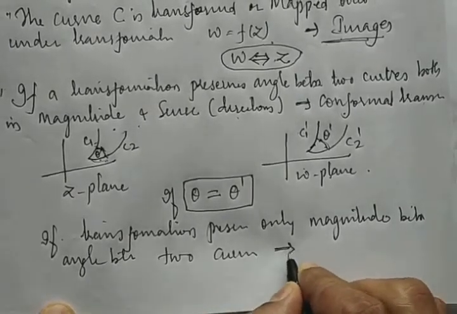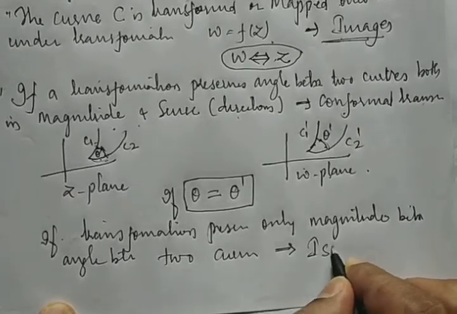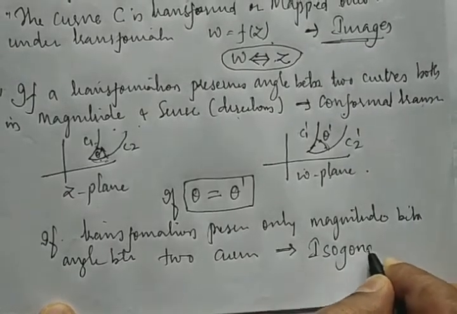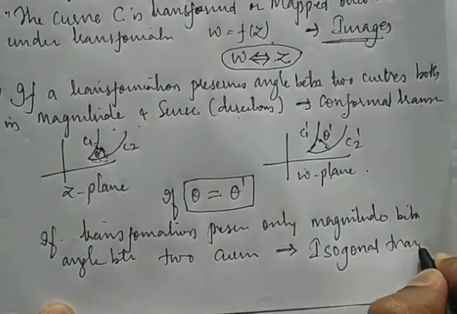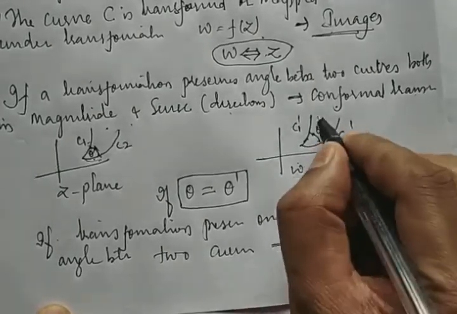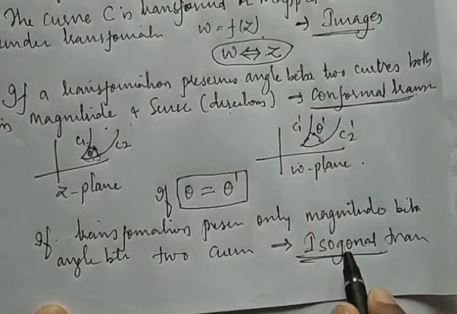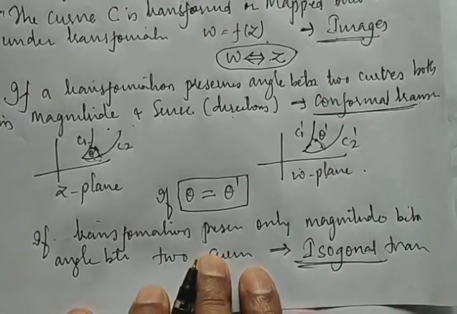Then this kind of transformation is known as an isogonal transformation. Here two things we need to keep in mind: one is conformal transformation, the other is isogonal transformation.